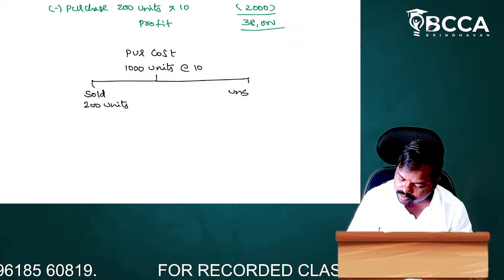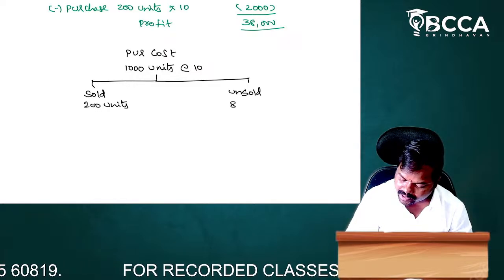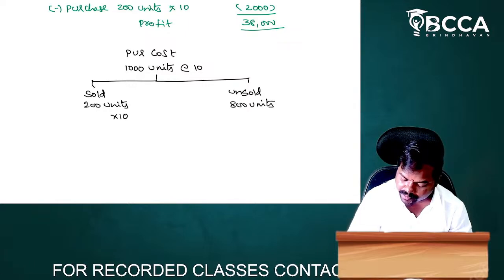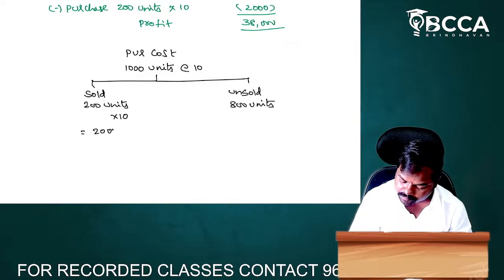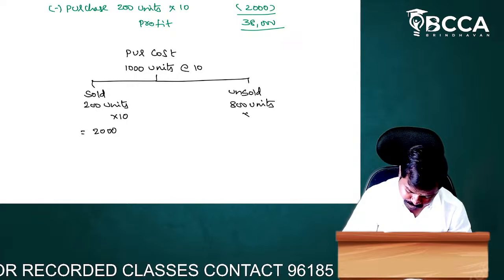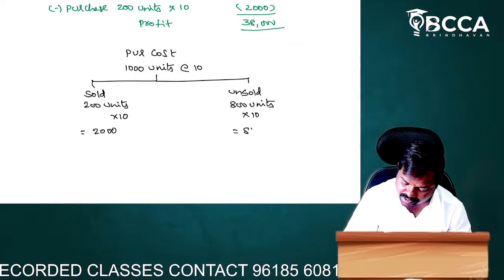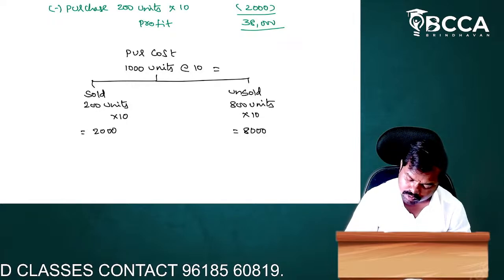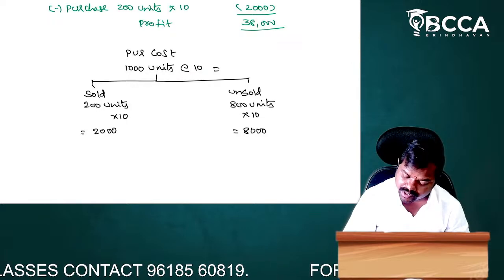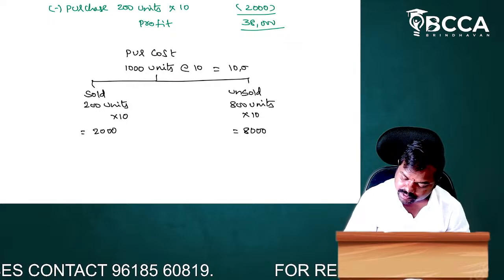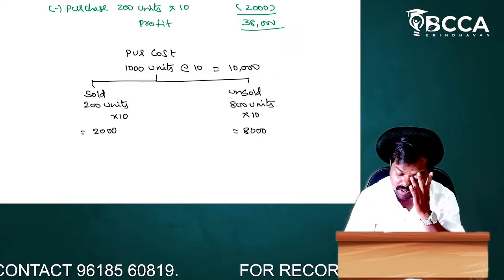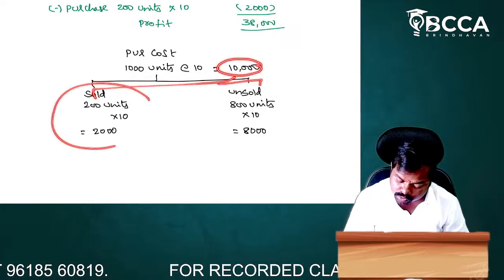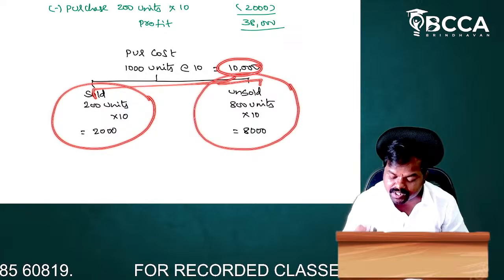Unsold, 800 units. 200 units into 10, 2,000. 800 into 10 is equal to 8,000. That is equal to 1,000 into 10, 10,000. If you observe, the 10,000 is bifurcated into two types: 2,000 rupees portion and 8,000 rupees portion.